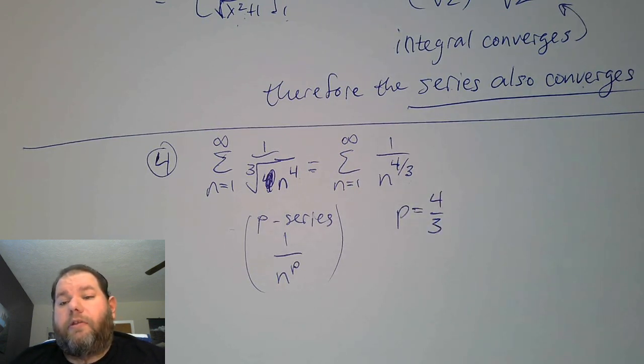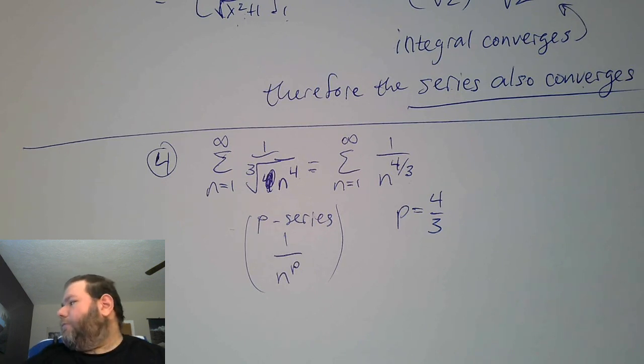Now, if you remember, last time I showed you on the review, I gave you a page, and this will be included on the test, with all the different convergence and divergence tests. For p-series, I can show it to you on the computer.